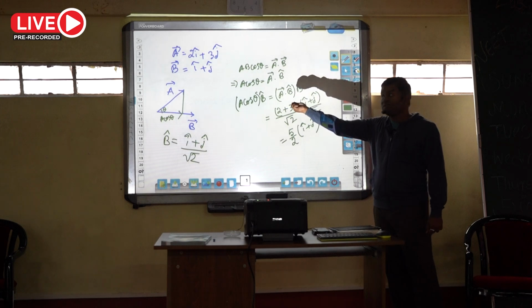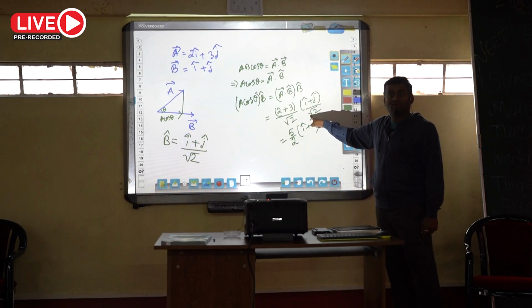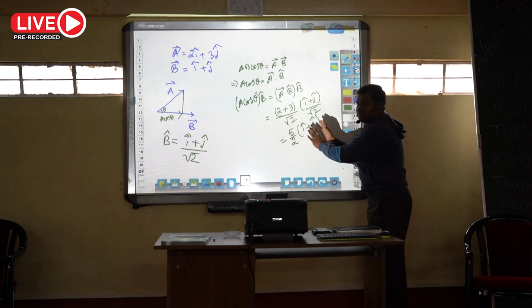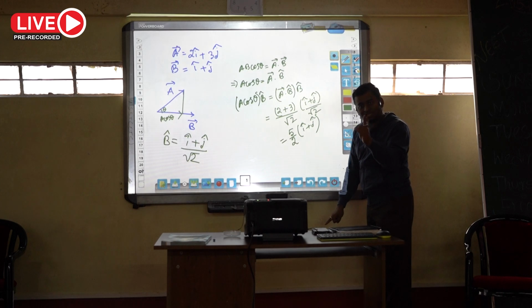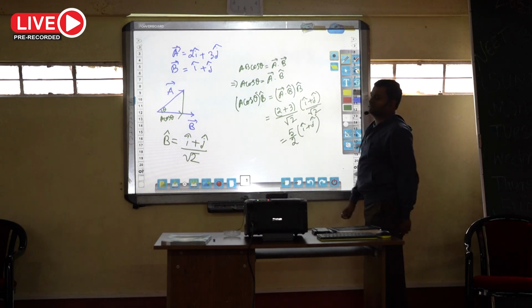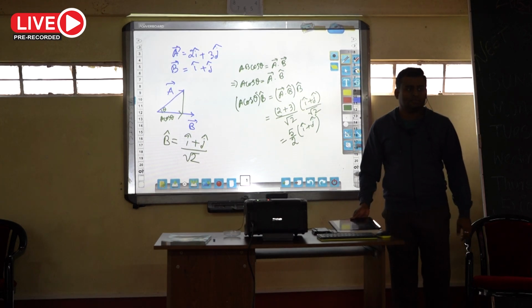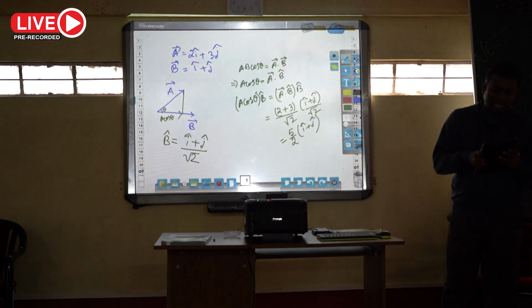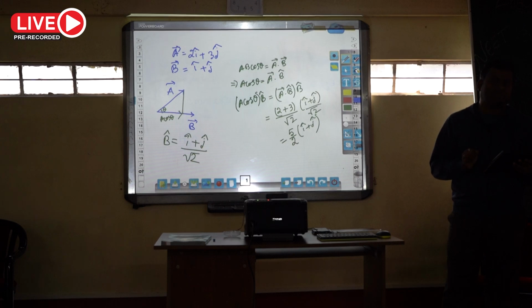Its direction unit vector contains another root 2. So don't think that because this is coming, its magnitude is 5 by 2. Its magnitude is still 5 by root 2, because i cap plus j cap is not a unit vector. i cap plus j cap by root 2 is a unit vector.